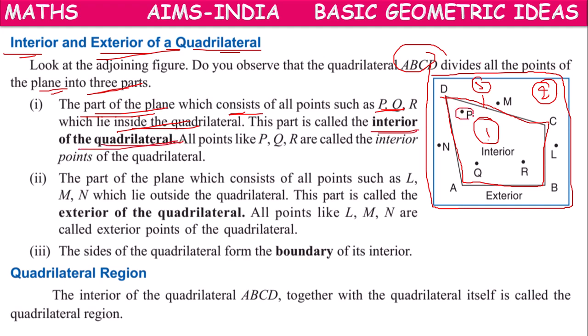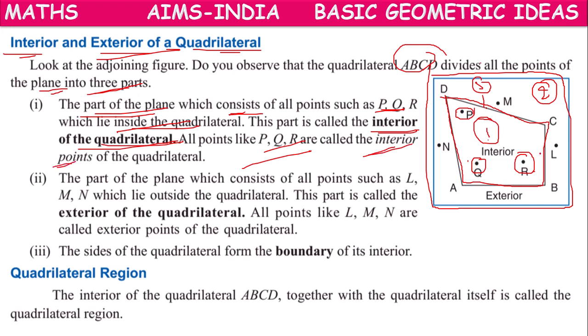The points which lie inside the quadrilateral make the interior. The inside part of the quadrilateral is considered the interior of the quadrilateral. The points P, Q, R belong to the interior of the quadrilateral. So P, Q are called interior points of the quadrilateral.